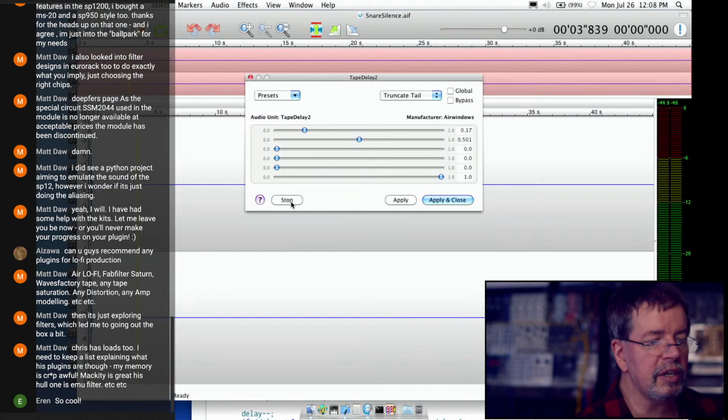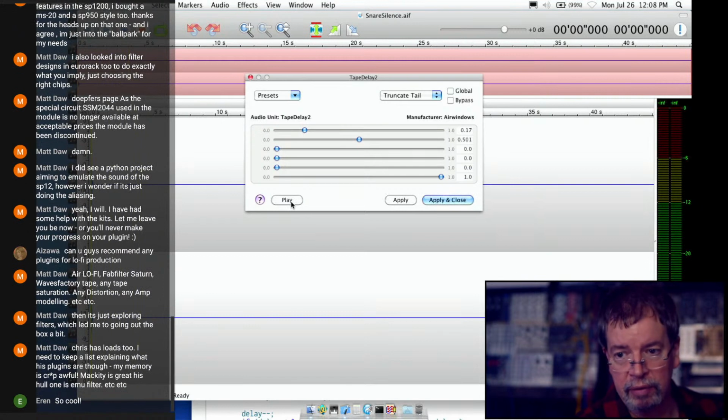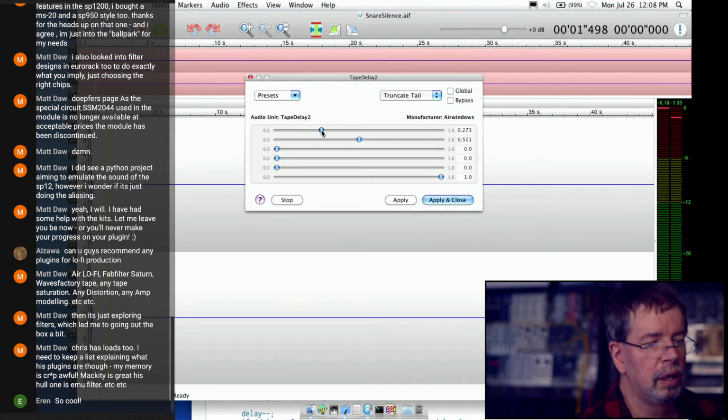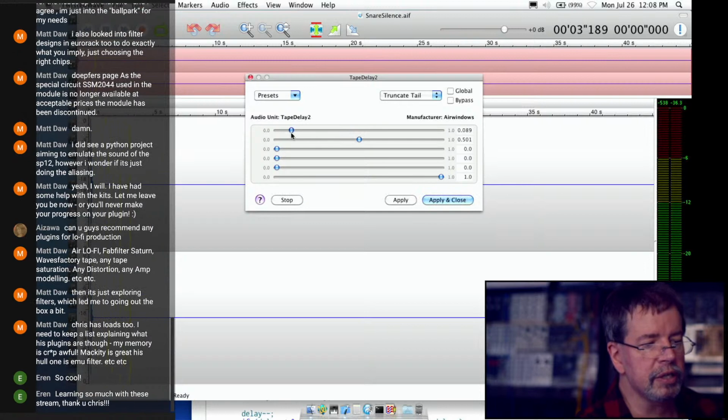I feel like the adjusting of it might make bad results. Yeah, see, we made artifacts there. So that's not always going to be good.